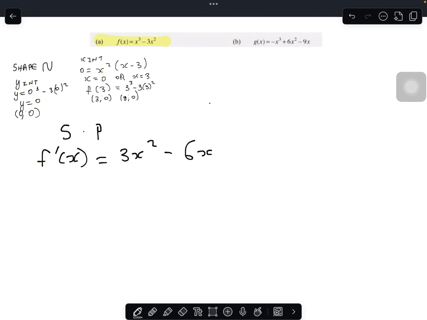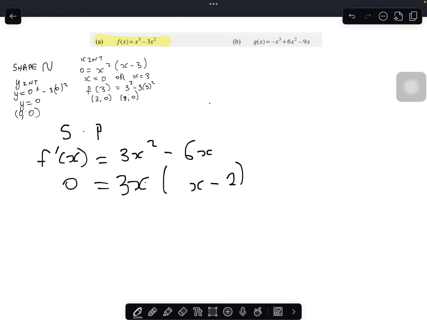We're going to equate that to 0, and 0 is going to equal 3x into x minus 2.